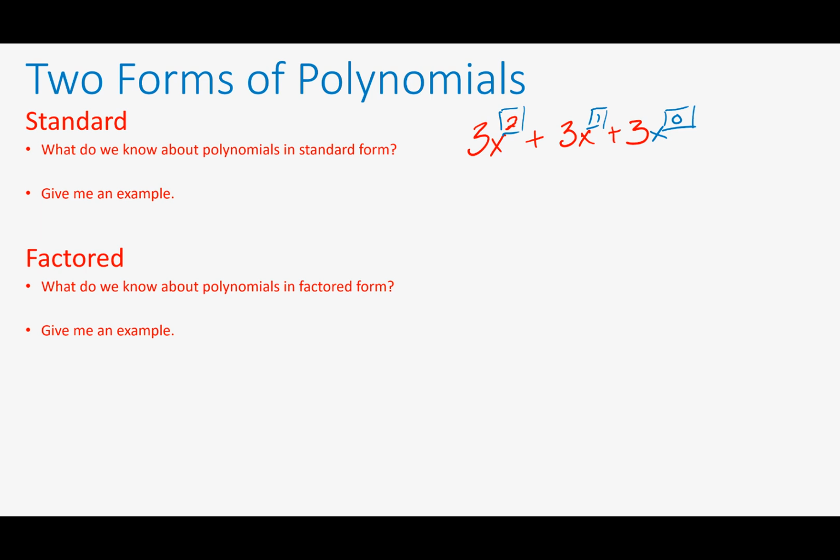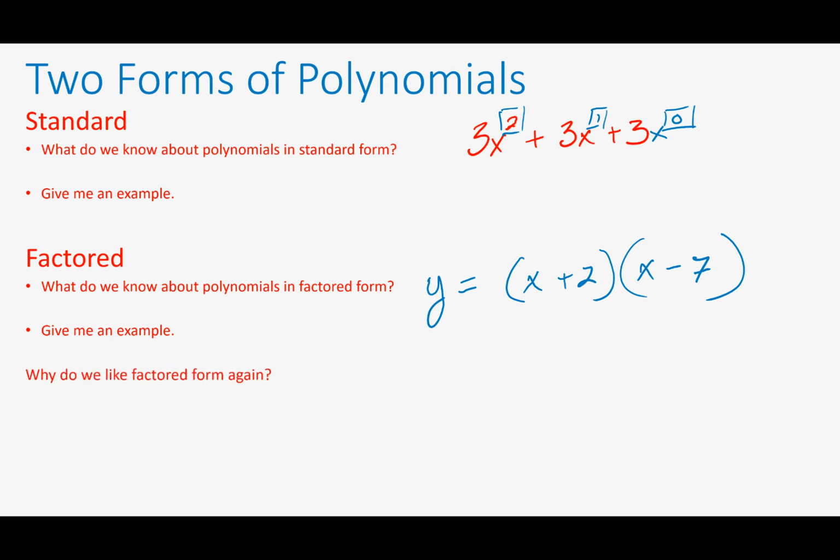Factored form. So factored form gets us back to this stuff with parentheses. So we could have like x plus 2, x minus 7 or something. That is a polynomial, but it's simply in factored form. Okay. I have on here, why do we like factored form?